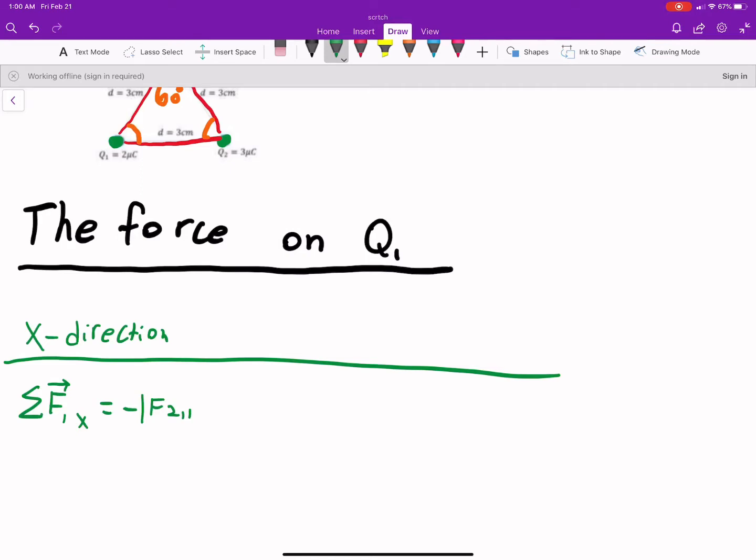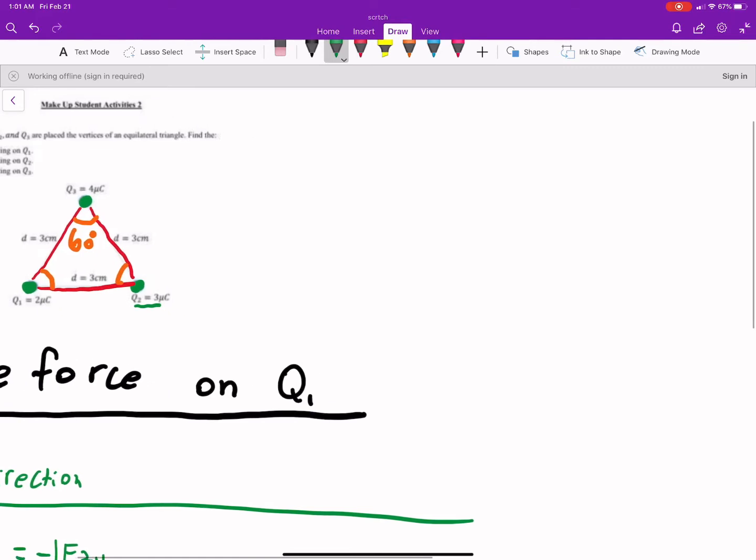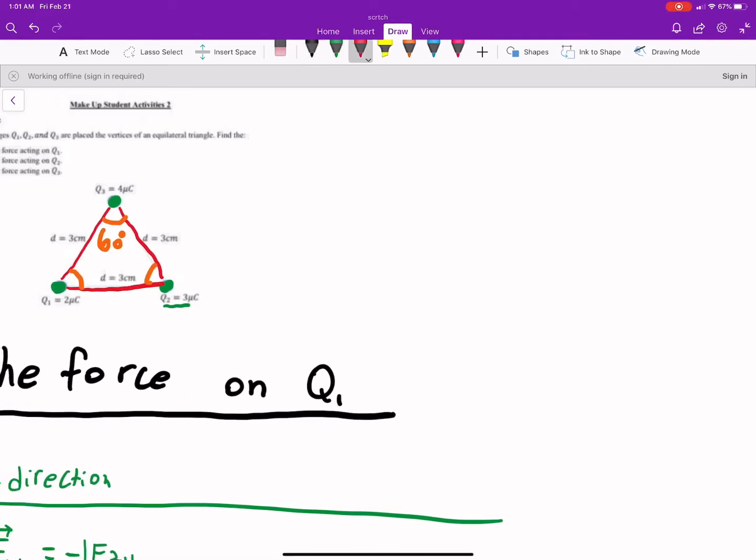So if we look at charge 2 here, in fact, let's draw a free body diagram for Q1. What do we have? Well, this is the force 2 exerts on 1. And this is particle 2.